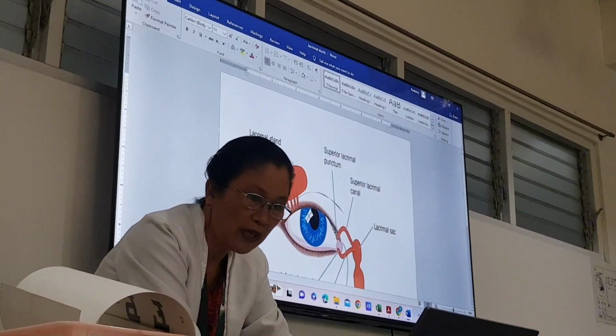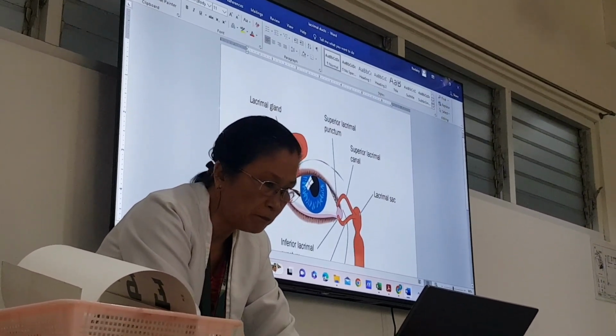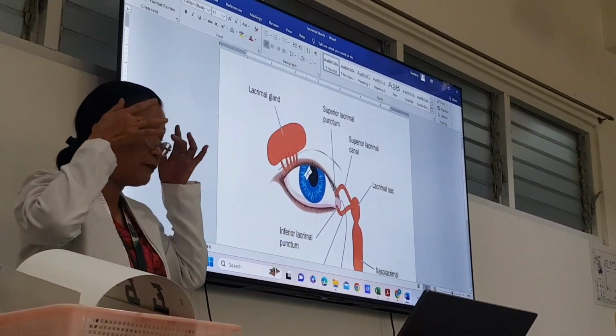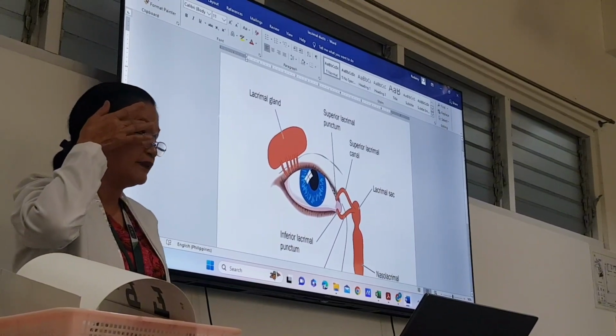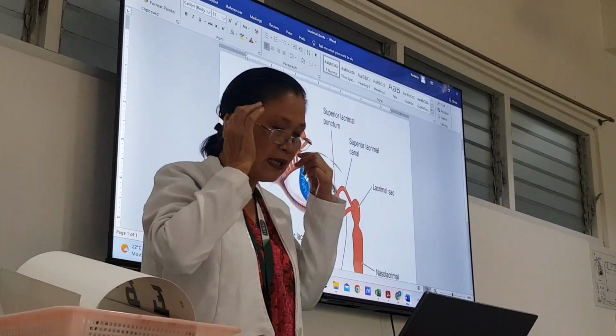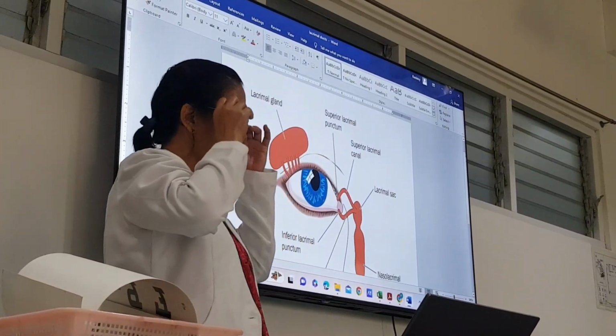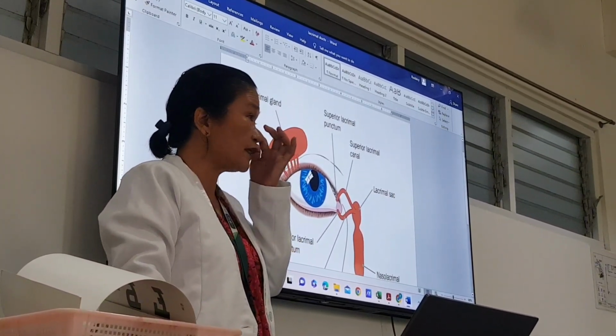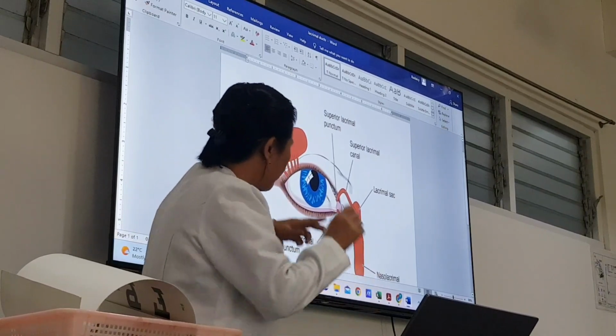Ayan. Where you are going now to palpate. Yung lacrimal gland is dito lang sa upper eyelid. And then, superior lacrimal or yung mga puncta, yung puncta na sinasabi dito sa superior and dito yung sa inferior. Can you see?